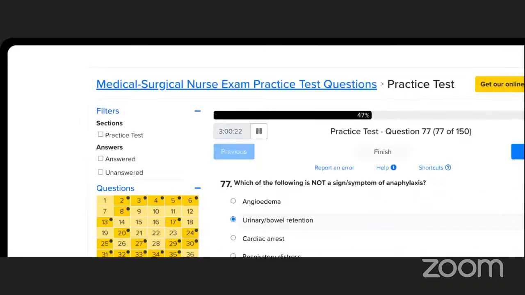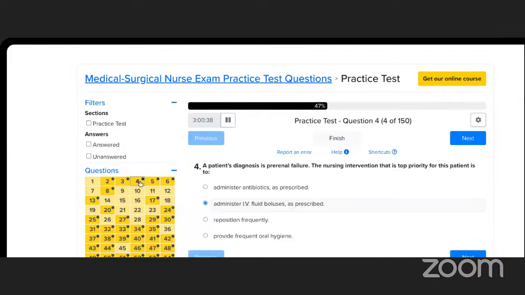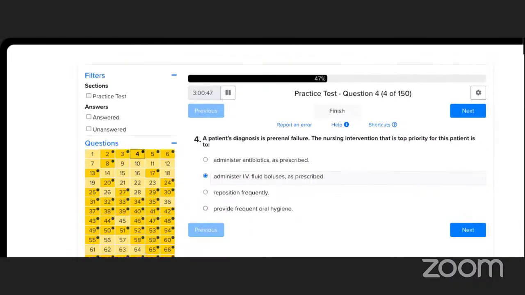Before we go through the answers, I have to end the test first.